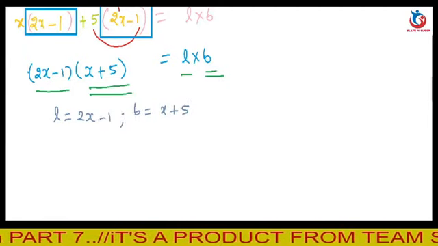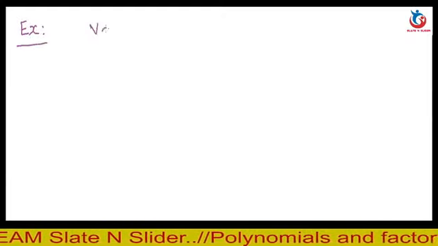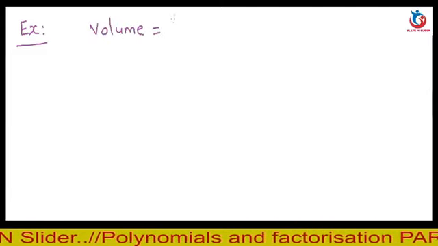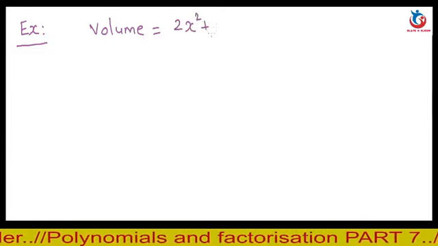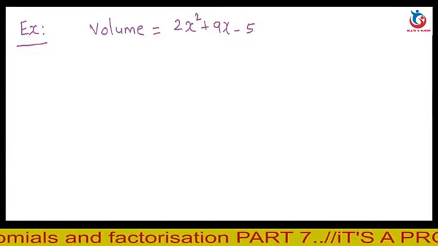Suppose if the same question is given as volume, so we will discuss that. For example, in the place of area, suppose you are given the volume is equal to 2x square plus 9x minus 5. How to do this?